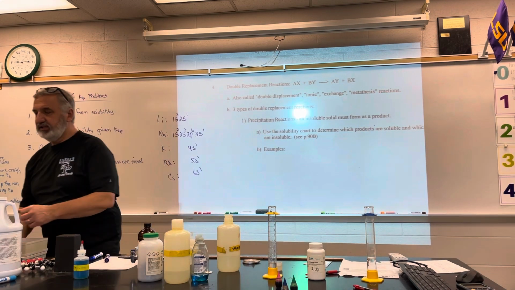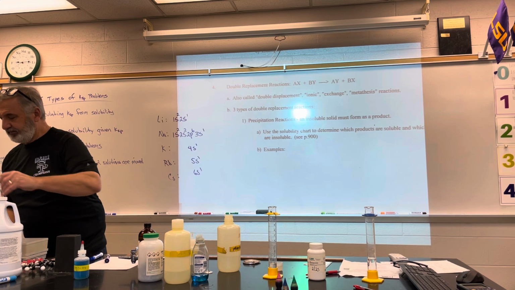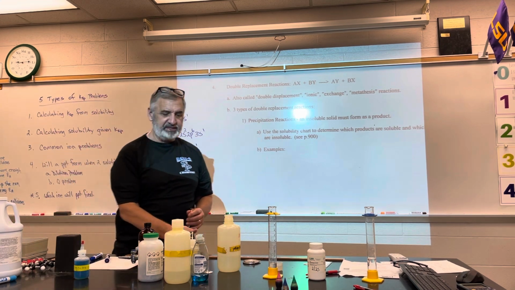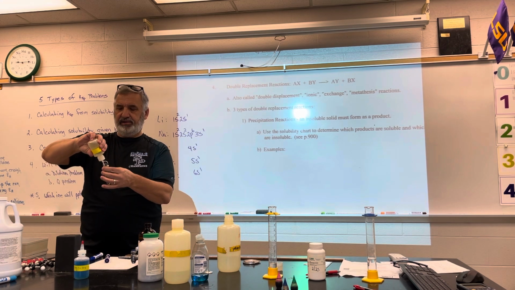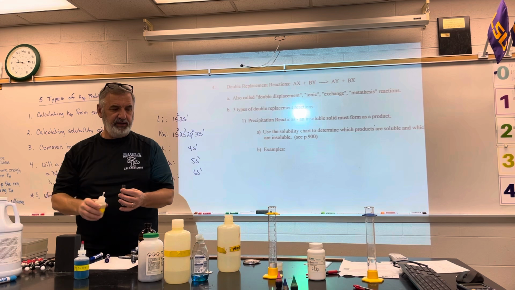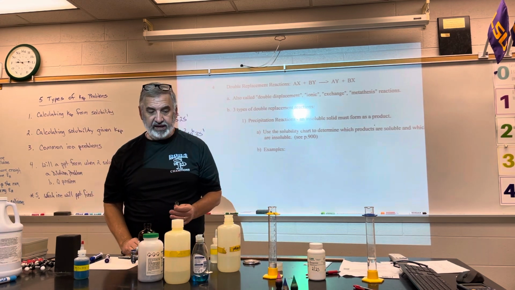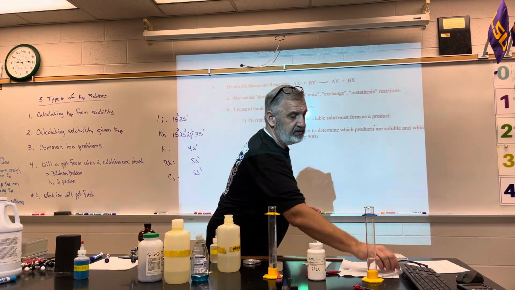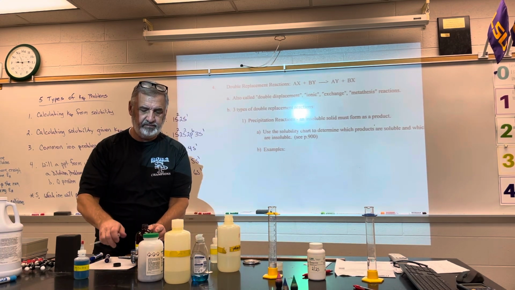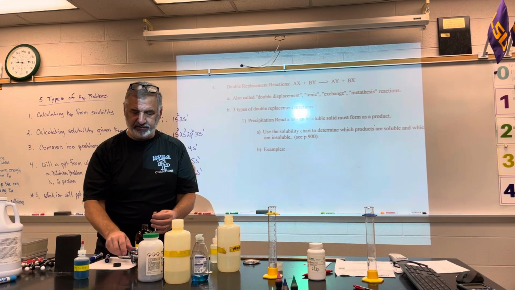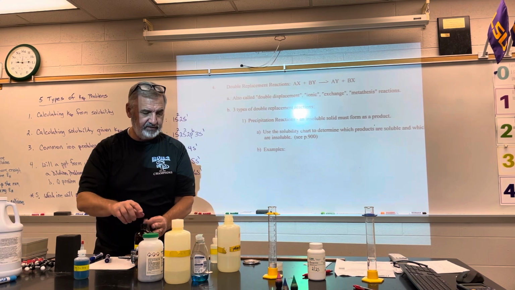And I've done some of these before, but if I take some potassium iodide, KI. Okay? And then I take some silver nitrate. Well, actually, probably that's not what I want. I want lead nitrate. Pardon me.